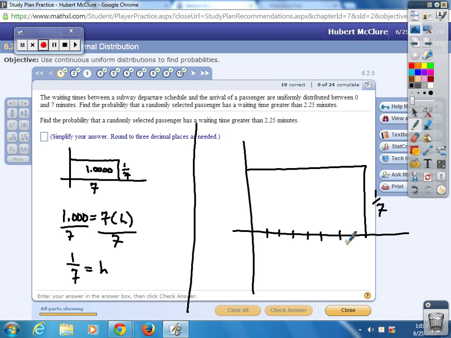Okay? And they want to know the probability of going over 2.25. Well, 2.25, there's 1, there's 2. What is 0.25? Well, 15 minutes is a quarter of an hour, right? So 2.25, what would that be?